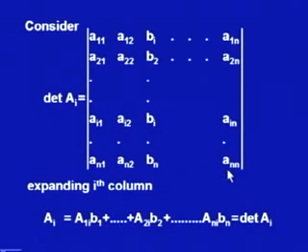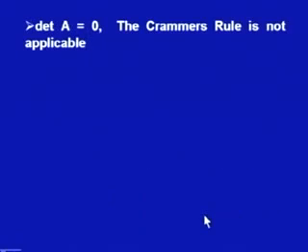This I know from the properties of determinant. So, once I am convinced that this is the expression of determinant Ai, I can easily prove the result. Now, if determinant A is equal to 0, then since the formula which I have derived has determinant A in the denominator, Cramer's rule is not applicable.